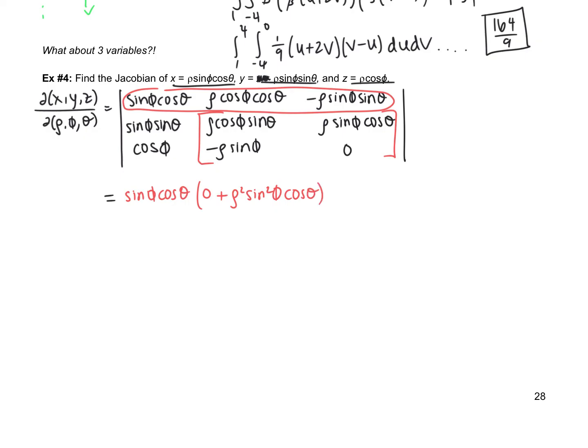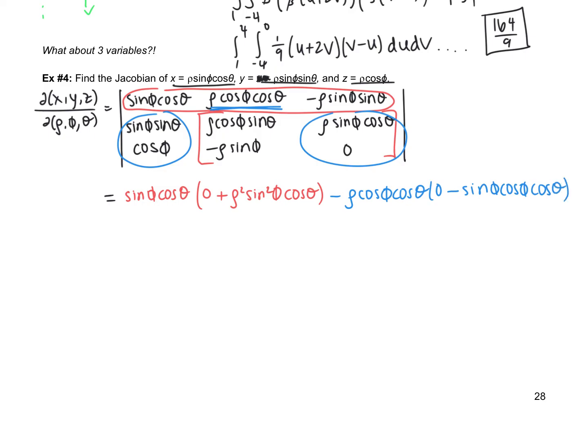Then as I go to this next element, I'm going to switch the sign, so that is rho cosine of phi cosine of theta, and that is now the determinant of the matrix with those 4 components. So again, I get 0, subtract sine of phi cosine of phi cosine of theta, and I forgot there's a rho here.